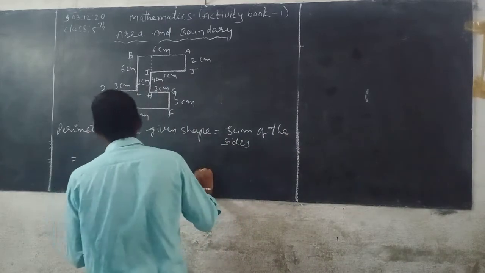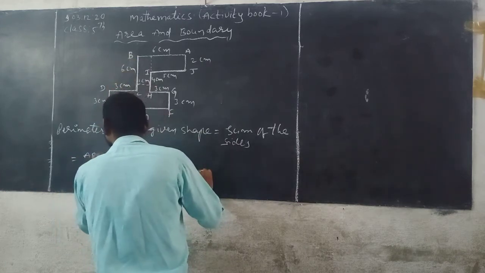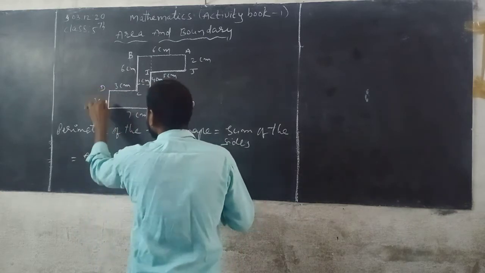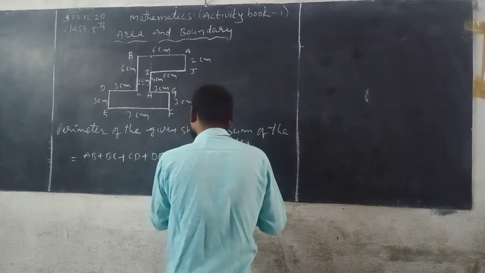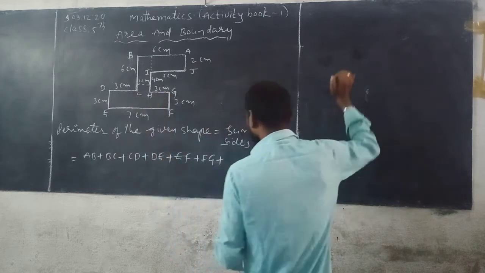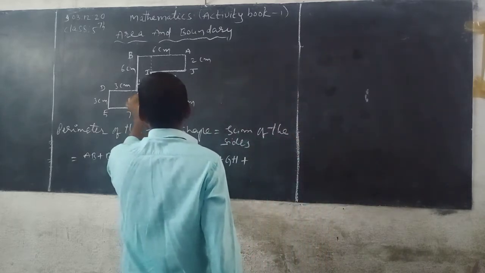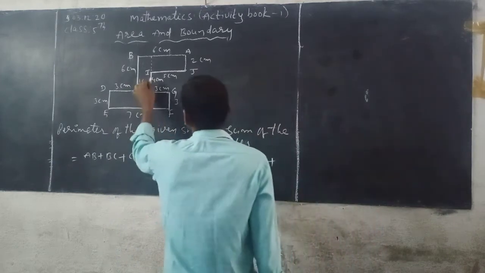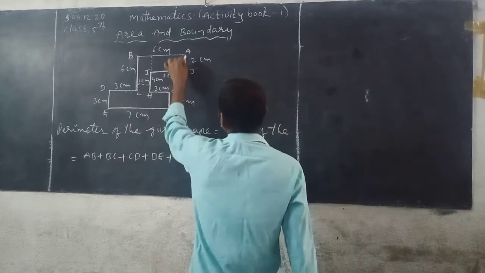See, write down the sum of the sides: AB plus BC plus CD plus DE plus EF plus FG plus GH, next HI plus IJ plus JA.